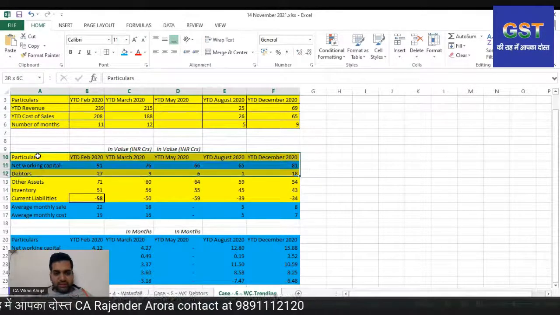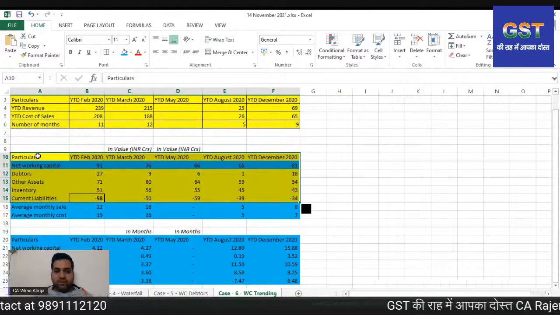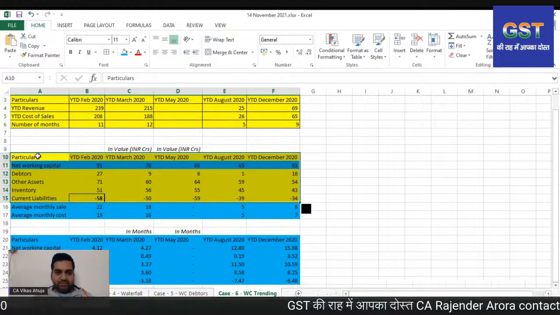We'll select data till here: net working capital, debtors, other assets, inventory, and current liabilities.